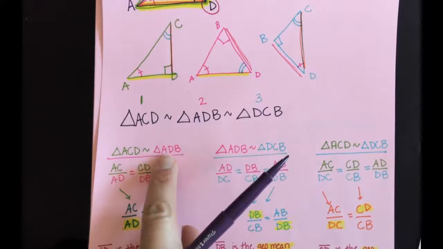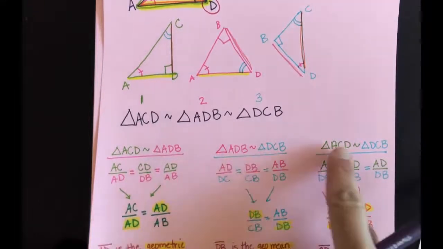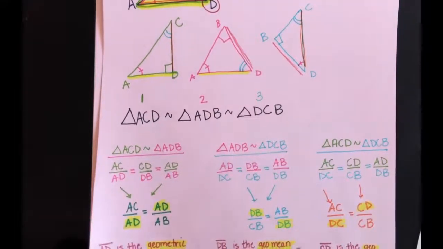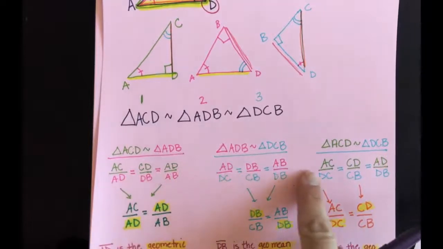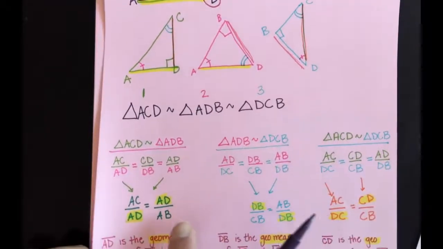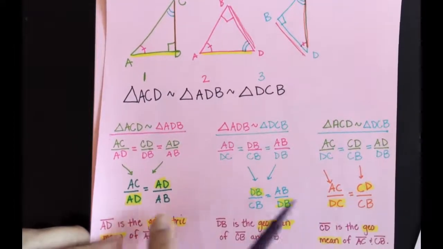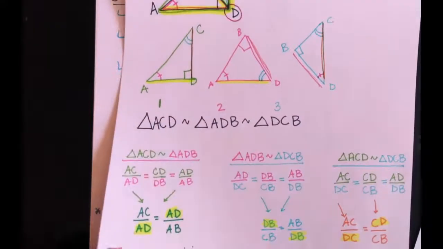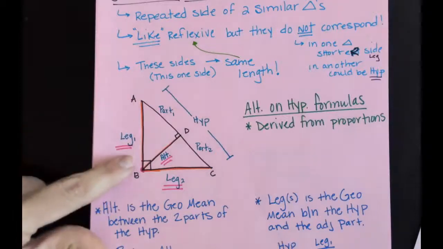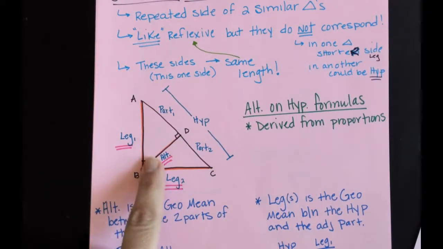The green and the pink were together, the pink and the blue were together, the green and the blue. Just like in the last chapter, I'm able to create proportionality statements. What we saw were these guys get repeated, just like before. These are those geometric means that we were talking about.